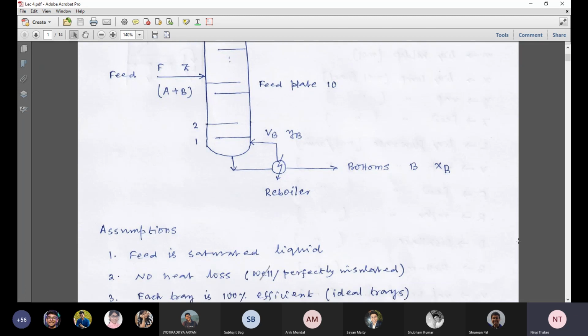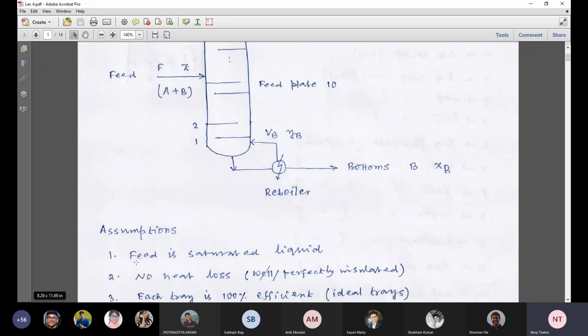Now you try to understand these assumptions. Before developing the model of any process, we need to adopt a couple of assumptions. So for this example, the distillation column, we are adopting these assumptions.